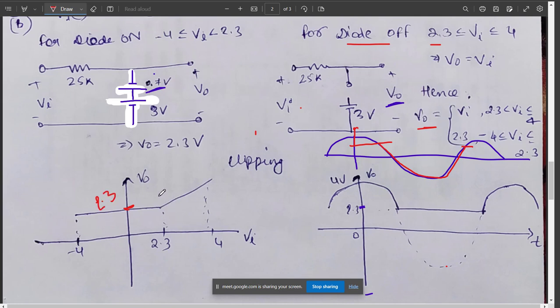And then as soon as our Vi becomes 2.3, the diode becomes reverse biased and it is open circuited, and Vi is equal to VO. So it goes like this. So 2.3 to 4, it is like this.